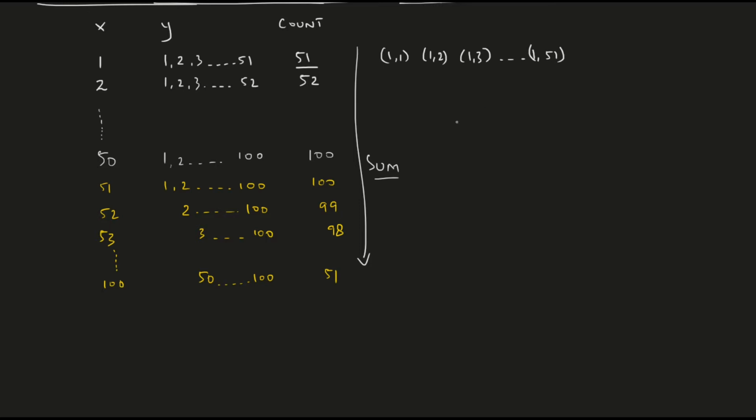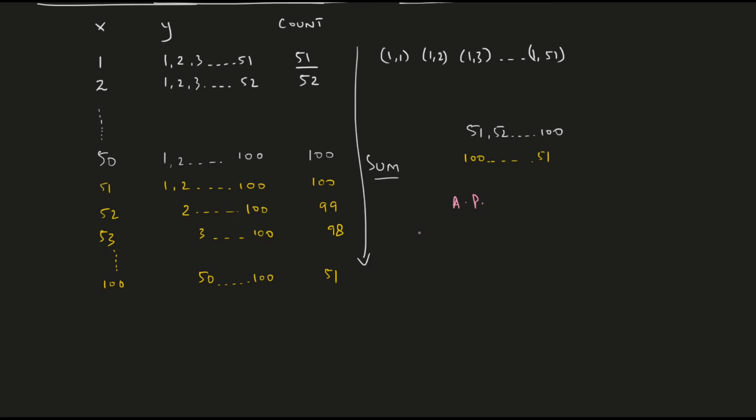To add all of these, you can see that there are two different series. The first series goes from 51 up till 100, and the next one goes from 100 to 51. Both of these are the same, they are just flipped around. So the sum of all these numbers is just twice the sum of one of these series, and each of these is an AP, an arithmetic progression.